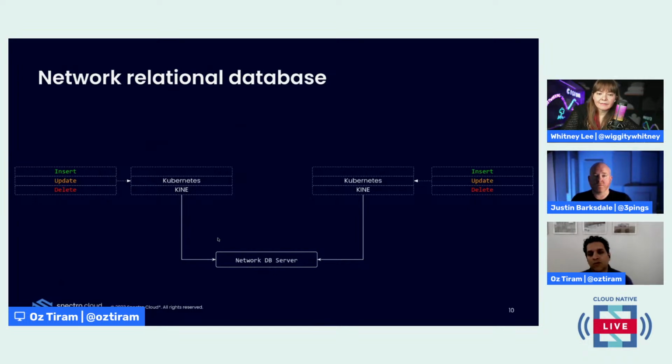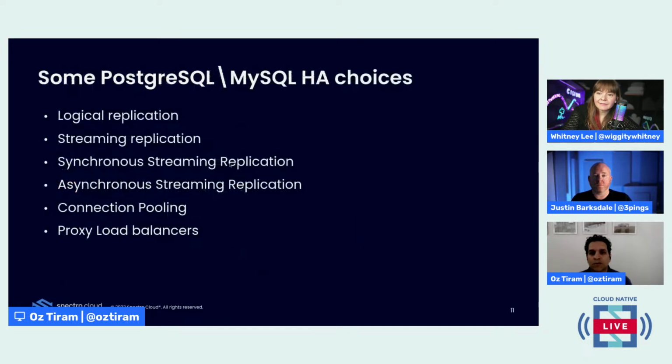To choose which one, we had to go and understand what high availability is all about in PostgreSQL or MySQL. First of all, relational databases can do logical replication or streaming replication, synchronous or asynchronous replication.